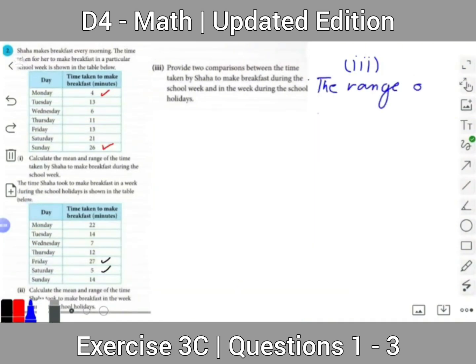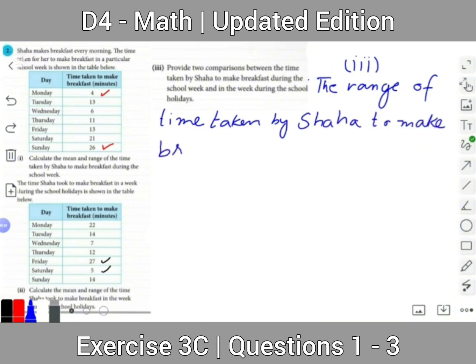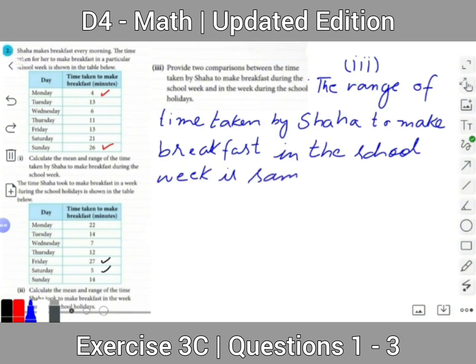The range of time taken by Shaha to make breakfast in the school week is the same as that in the week during school holidays.